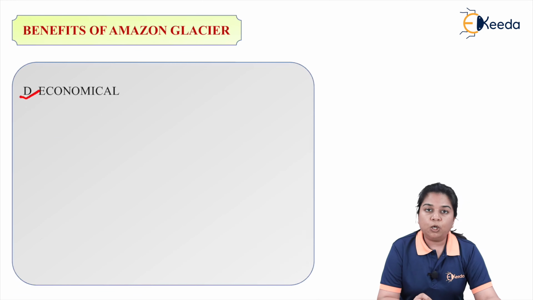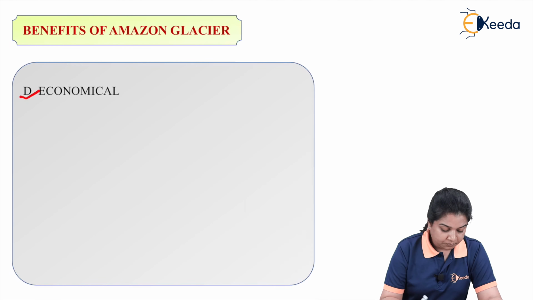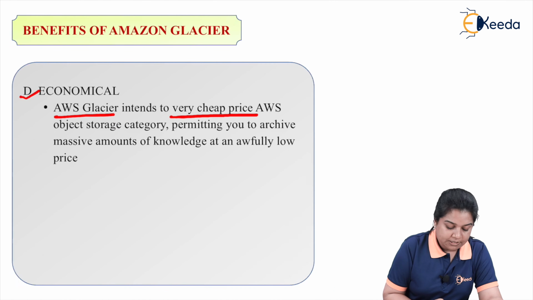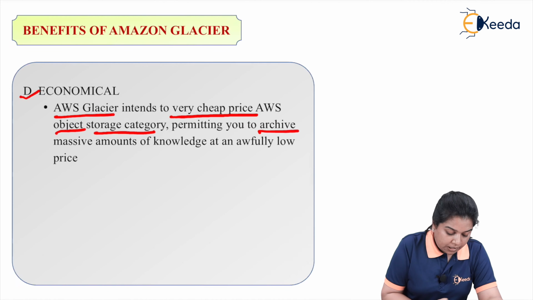Then comes economical, another benefit of Amazon Glacier. AWS Glacier is designed as a very low-cost AWS object storage class, allowing you to archive large amounts of data at an extremely low cost.